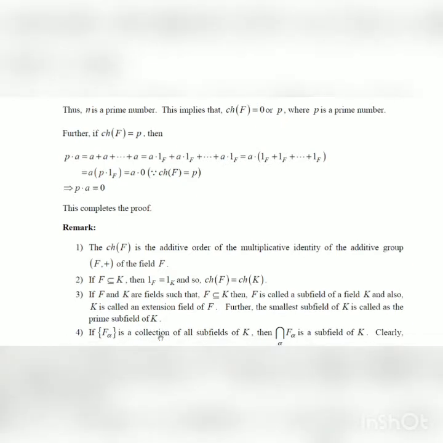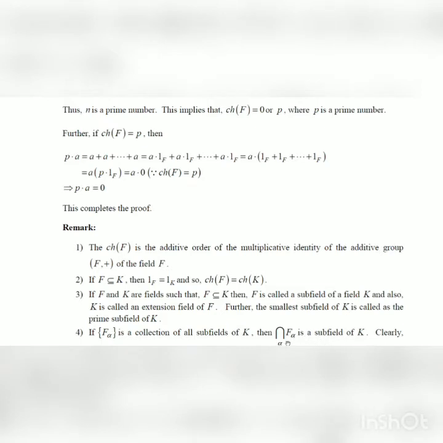Let us consider the collection of all subfields of K. And we know that the intersection of any two subfields is again a subfield. So, the intersection of this collection, which contains the common elements of F alpha, is contained in all F alphas.